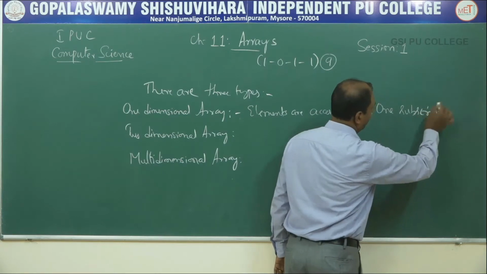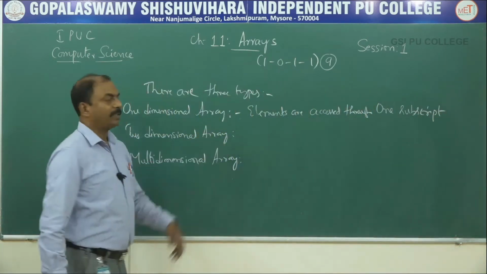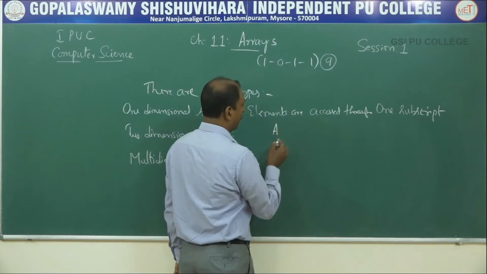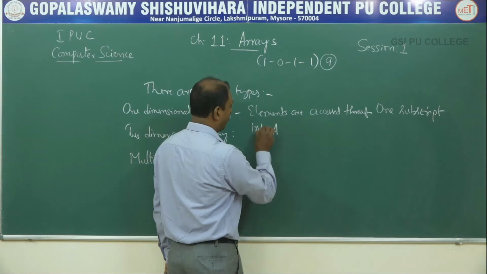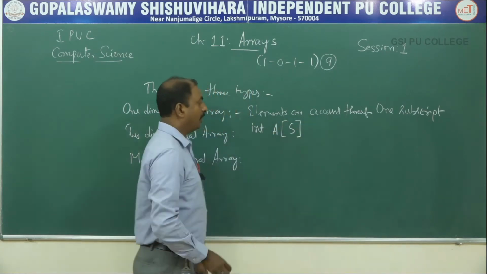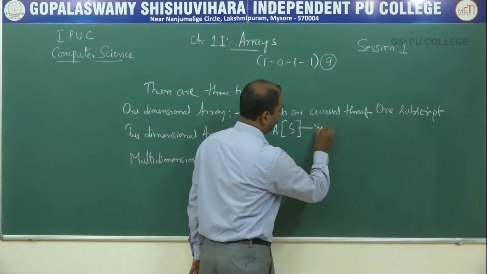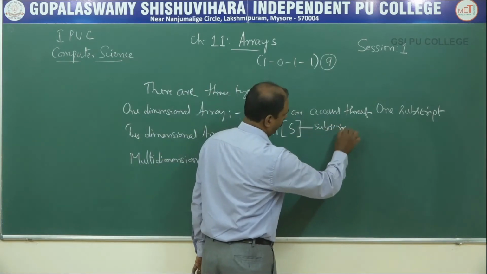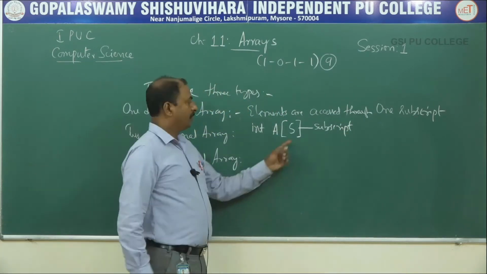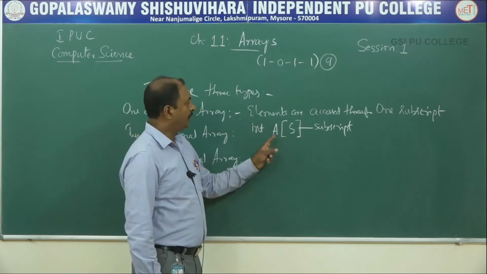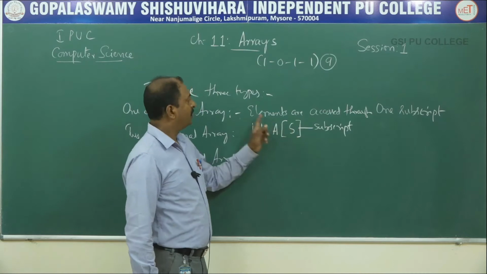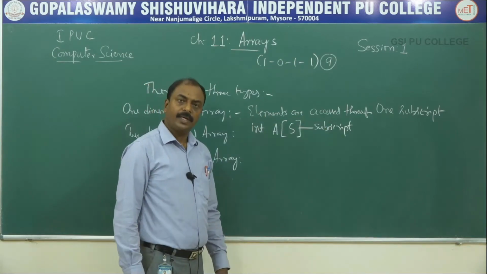For example, let A be the name of an array of type int, and if I say A of 5, this is called a subscript. This is the subscript of an array or size of an array. In this example, A of 5, there is only one subscript. So this is referred to as a one-dimensional array.